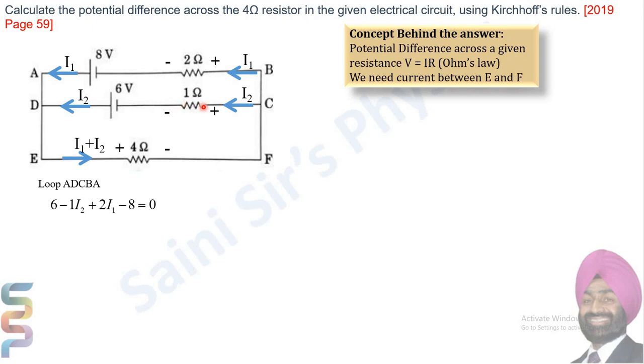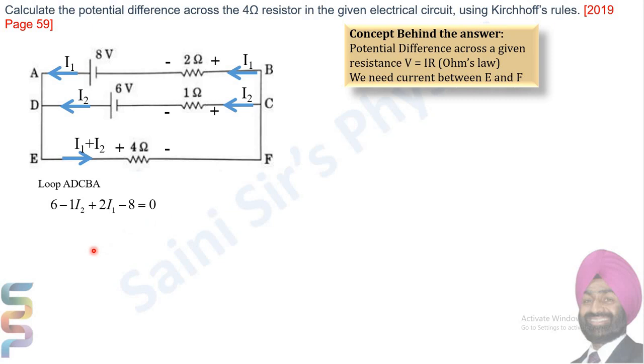If you are moving opposite to the direction of current, minus sign, minus I2 into 1 ohm, and when you are moving along the current, positive sign, 2I1. The battery's negative appears first, minus sign, minus 8, loop completed equal to 0.